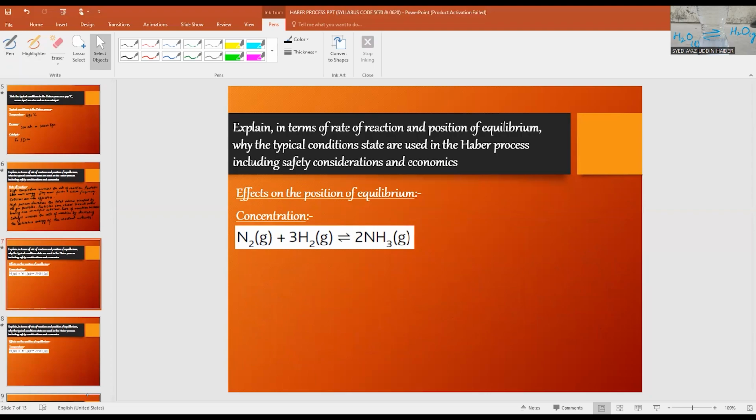Effects on the position of equilibrium, concentration. Now we'll talk about the effect of changing concentration on the position of equilibrium.